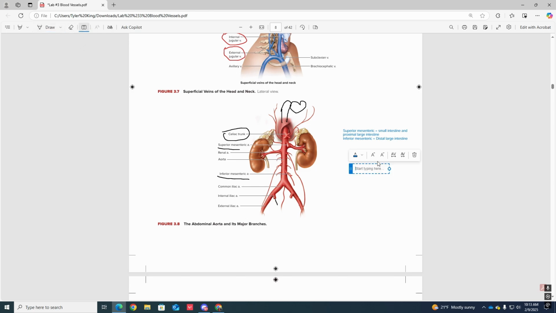So we have the internal iliac, which is for the pelvic structures, and then the external iliac, and this is for the lower extremity. That's pretty much all we got to know here. These two little fun points, and then all the big vessels here.